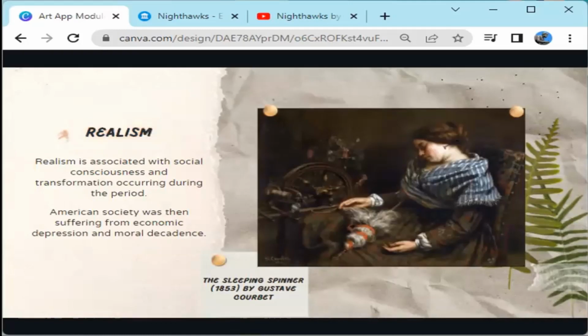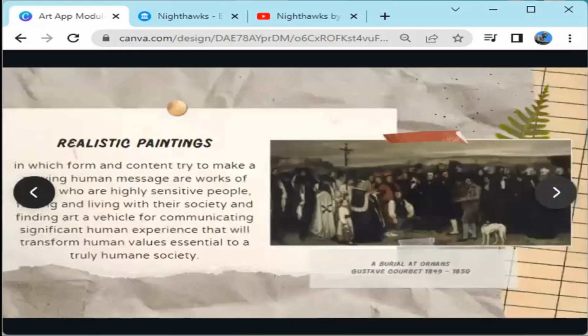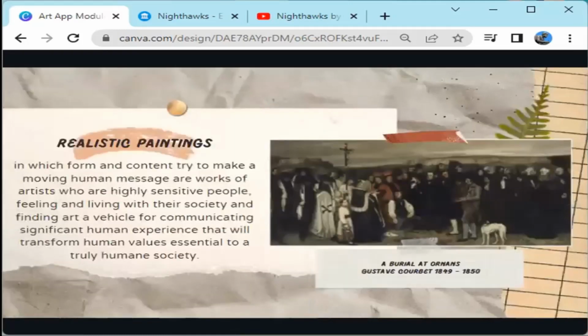And normally, kapag sinabi mo kasi realism, it depicts what is happening during the time. Now, realistic painting, in which form and content try to make a moving human message.